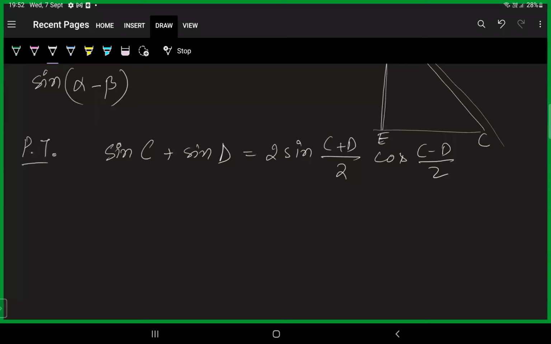Cos C plus cos D you have done. See, it's really easy. You need sine A plus B, or sine alpha plus beta, which we just now proved. Prove that using that. Write sine alpha plus beta, sine alpha minus beta. Write down.